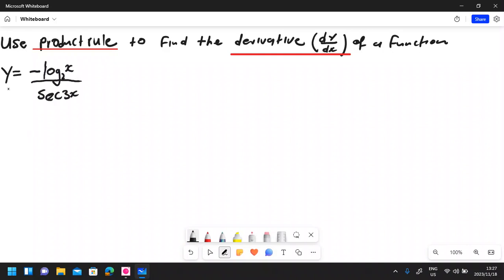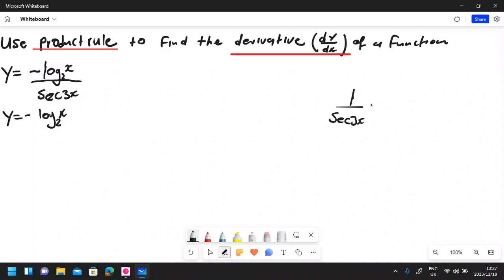So let's start. First of all, you want to write y is equal to negative log base 2 of x. Right, this is fine now. Now what about the other function here? As you can see, we have 1 over sec 3x.